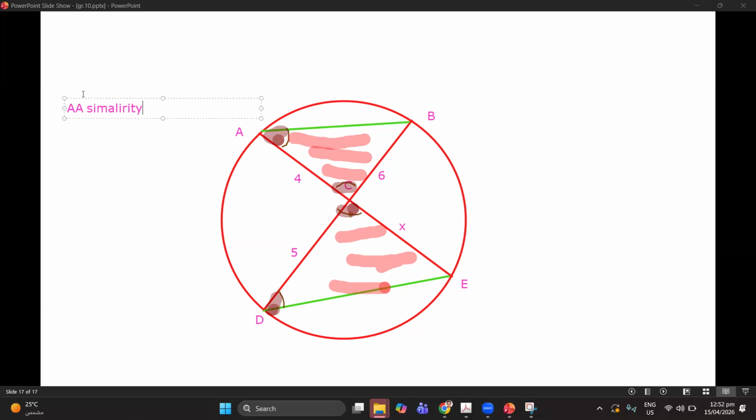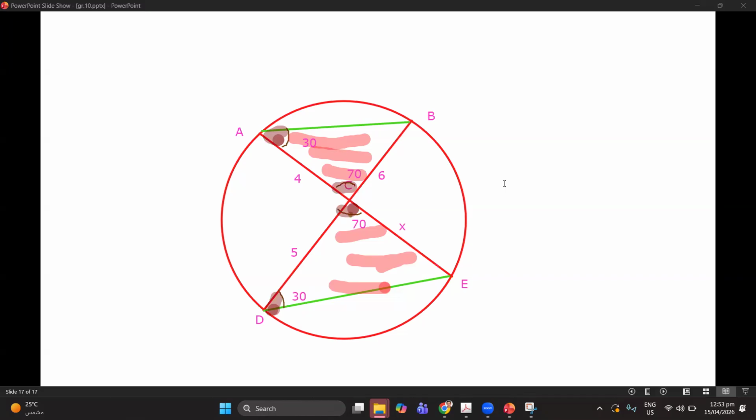I mean, as numbers: imagine this angle here is 30, and here is 70, and here is 70. So the third one will be what? 80. And the second one will be 80. So no need to prove 3 angles. At least 2 angles will be enough.